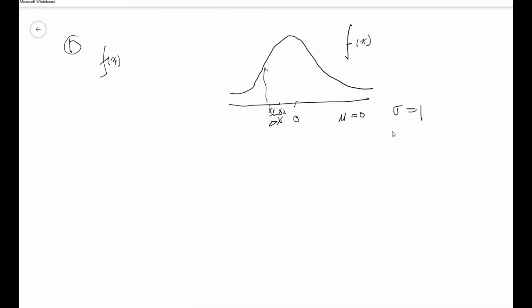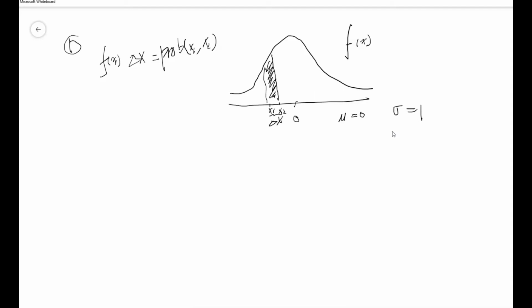So f(x) times delta is actually the probability between x1 and x2. If we draw two vertical lines, this area will be the probability that the random number is between x1 and x2.